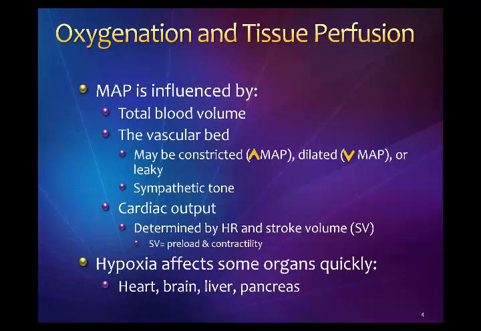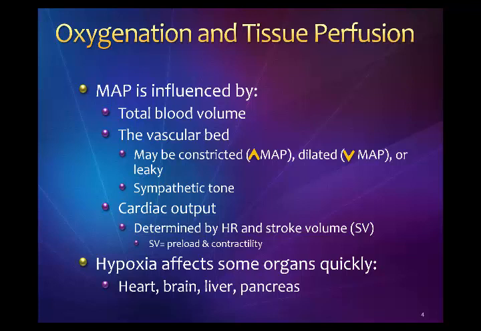One concept that I want to discuss before we get into the different types, stages and types of shock is the concept of what problems or conditions can lead to oxygenation and tissue perfusion inadequacy. If you think about your mean arterial pressure, it's the pressure that's sort of like a mean of your systolic and diastolic blood pressure.